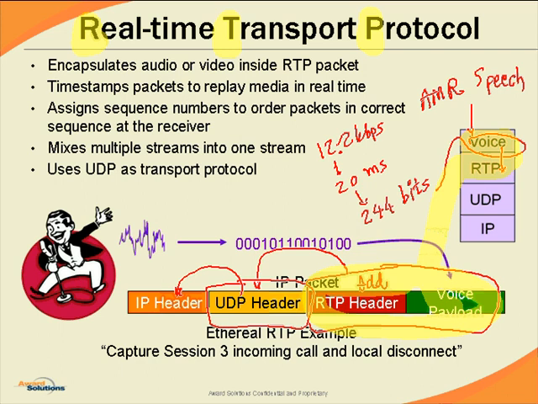Now, how does it help the communication? This is an IP packet, so it is possible that some IP packet comes early, some comes a little late. So we can never guarantee a fixed time of arrival. It is not a circuit. In a circuit switch world, we have one speech frame, another speech frame, another speech frame.